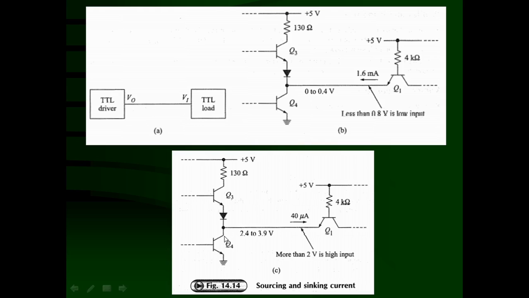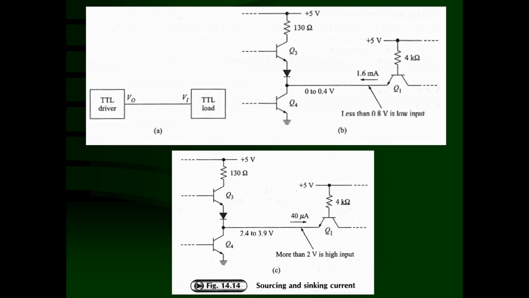So the output of the TTL driver, which is greater than 2.4 volts, is definitely considered a valid high state input for the TTL load. So there is compatibility for the TTL driver and load in the high state as well as in the low state. So this is known as compatibility.